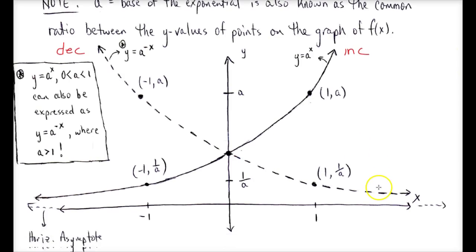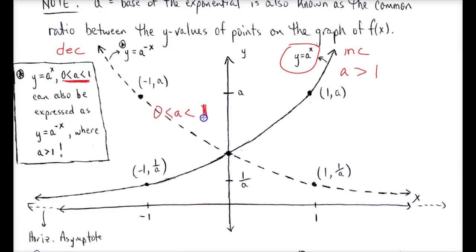So in general here, you see that when we have y is equal to a to the x and our value for a is greater than 1, then that's when we have a situation of an exponentially increasing function. When a is in between 0 and 1, like how I'm saying here, that would be this case here.